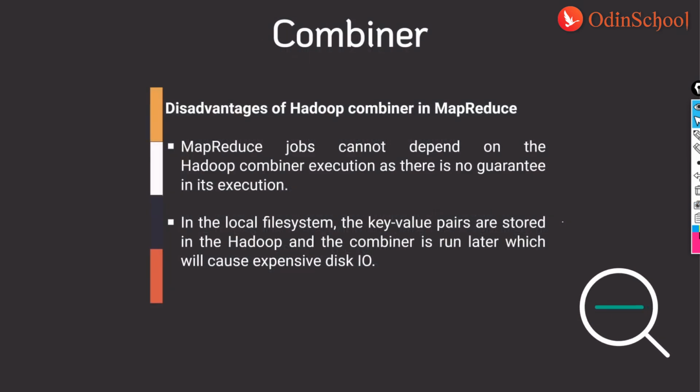MapReduce jobs cannot depend on the Hadoop combiner execution, as there is no guarantee of its execution. If any mapper fails, then you do not get local aggregation at that level, which can be a risk. Also, the key value pairs are stored in the local file system in Hadoop and the combiner is run later, which causes expensive disk input output as well. Those are the shortcomings of using a combiner.